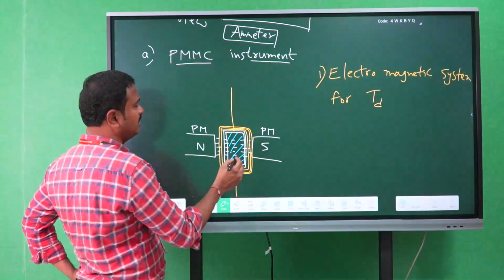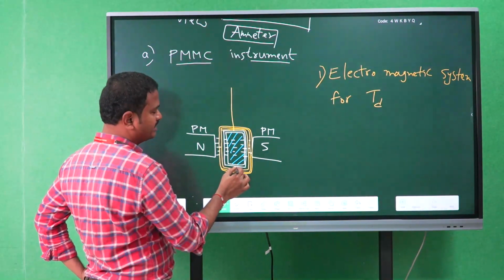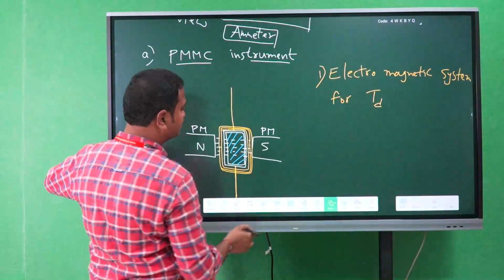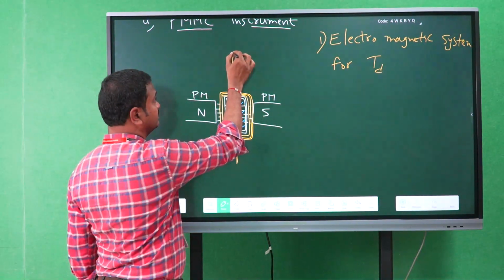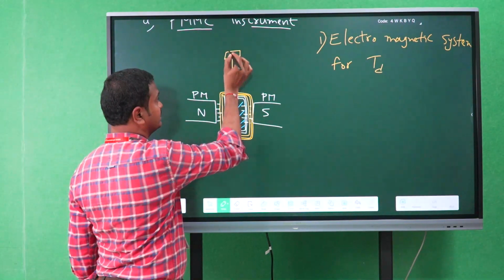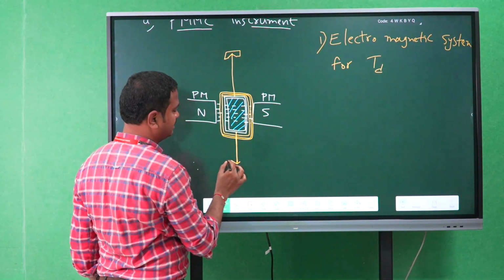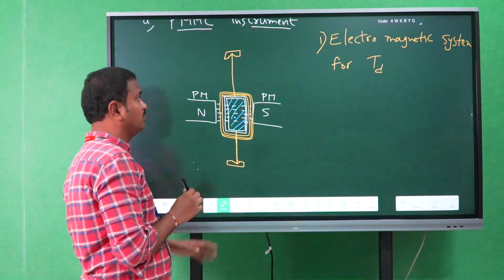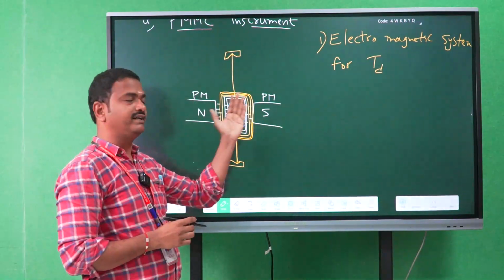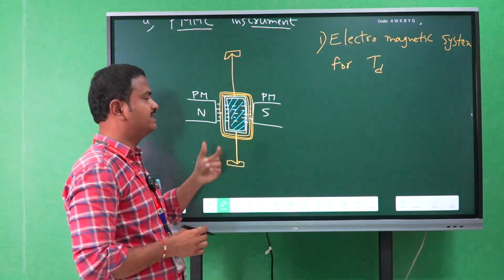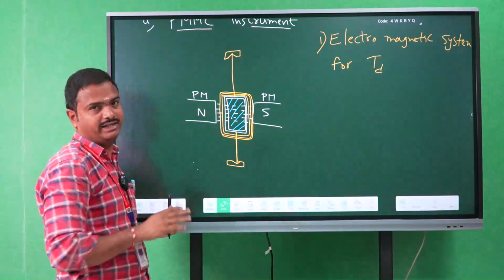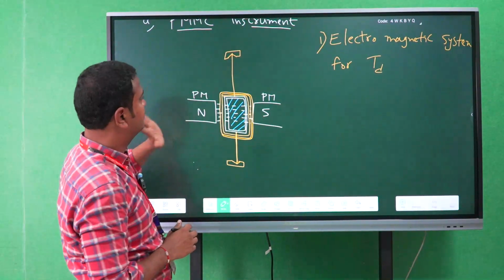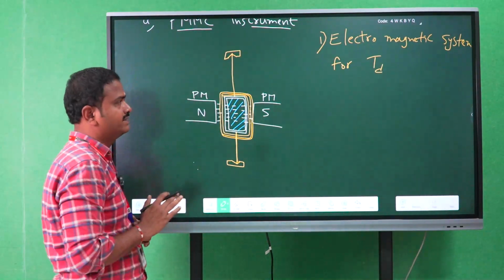The aluminum former is connected to a spindle, and this spindle is supported by jewel bearings at both ends. The spindle rotates freely, and the coil inside the instrument is also free to rotate in between the permanent magnet. So this is the structure of the electromagnetic system.